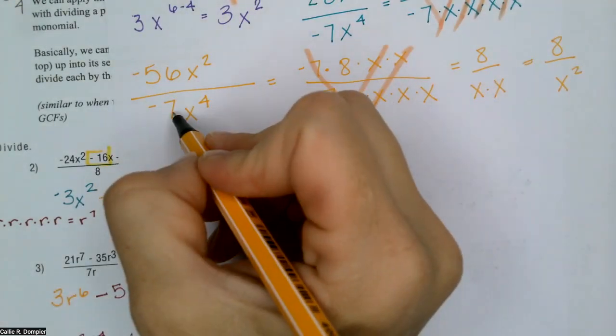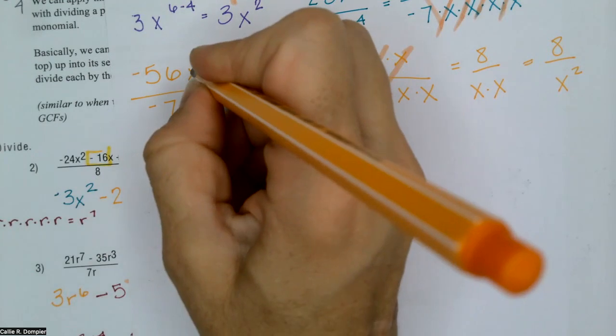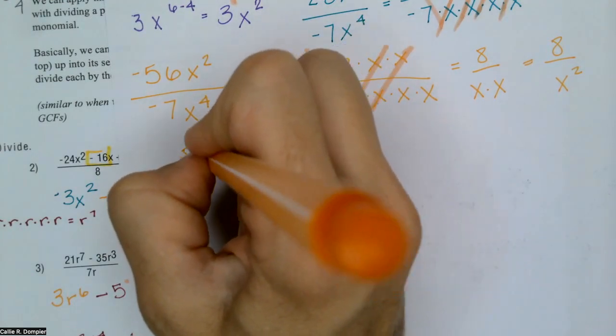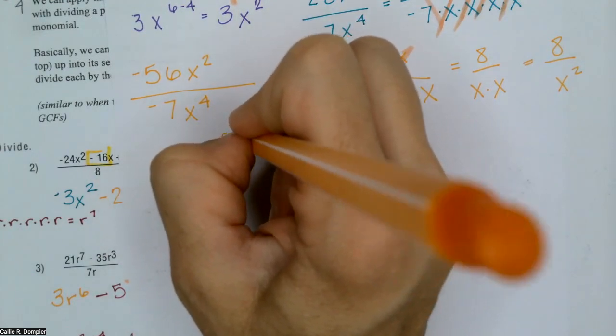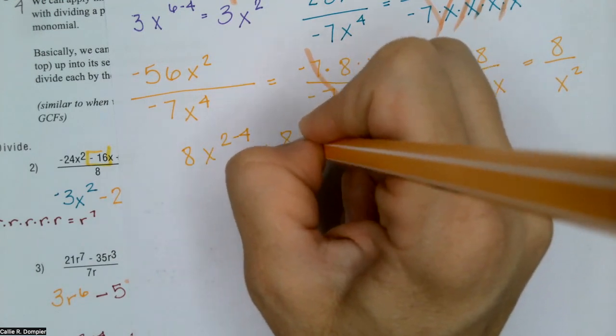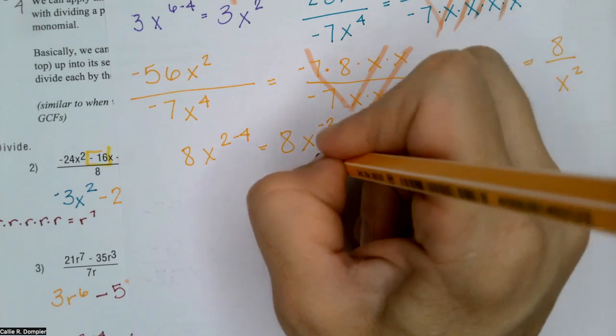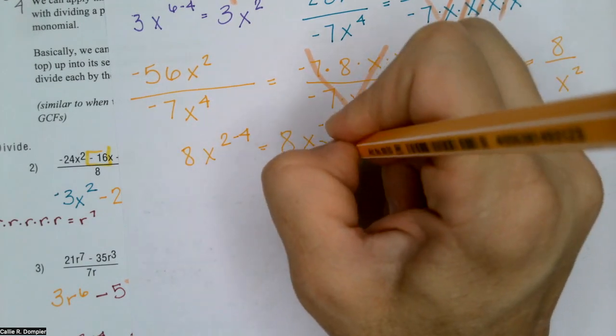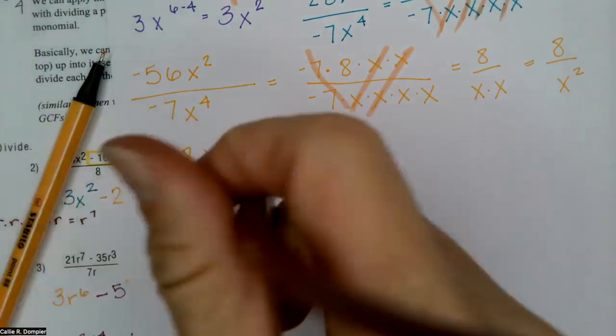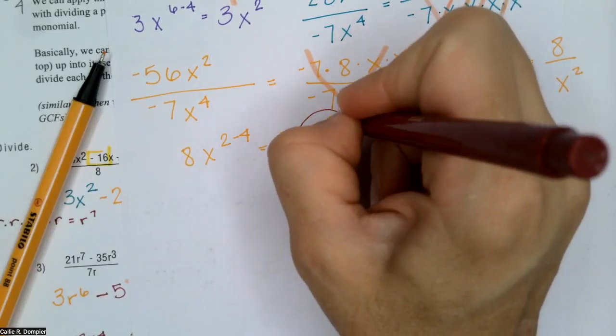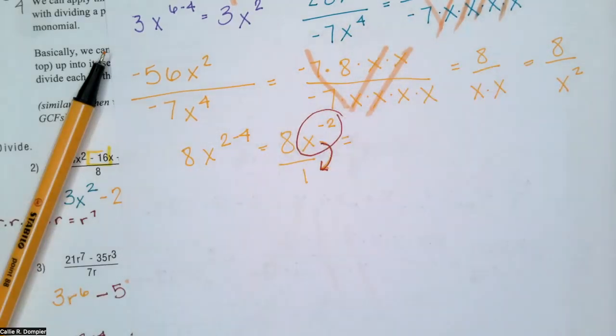Or negative 56 divided by negative 7 is just 8. And then x squared divided by x to the 4th is x to the power of 2 minus 4. X to the power of negative 2. I don't want that to be a negative, so what I need to do is take just that base and exponent, and put it across the fraction bar.